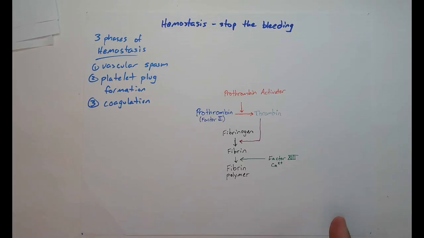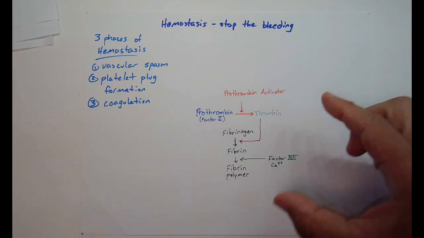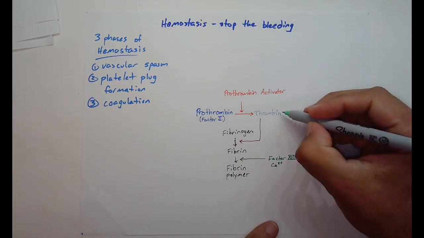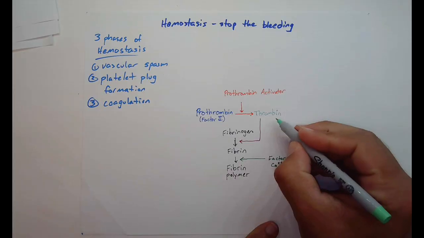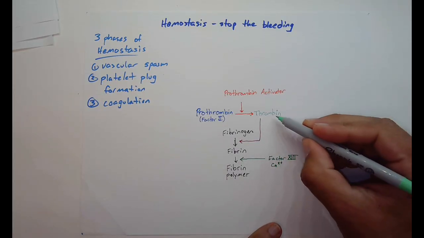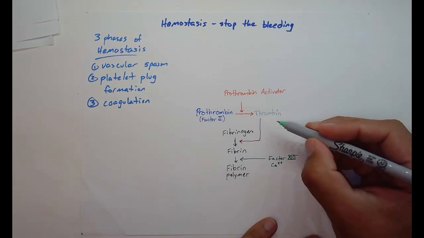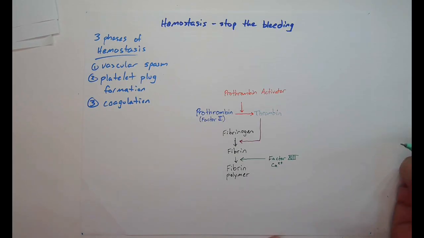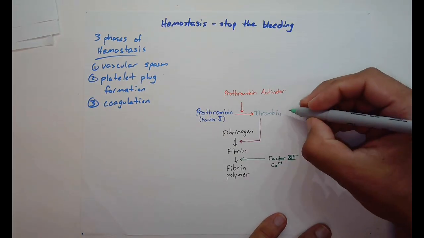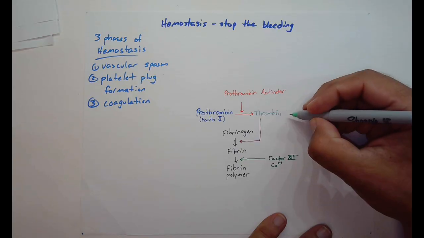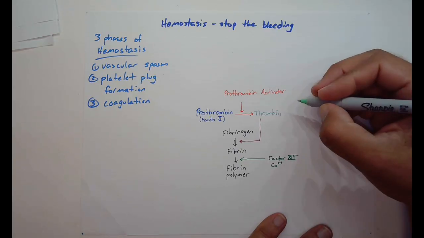So the last part of this smaller flowchart that I want you to think about is the fact that thrombin is actually quite powerful. This guy right here is called thrombin for a reason. It's one of the major clotting proteins in the body. Once thrombin is activated, yes, it's going to go down and help the ogen get cleaved off the fibrin, but we also now need more thrombin because we need to make this happen fast.